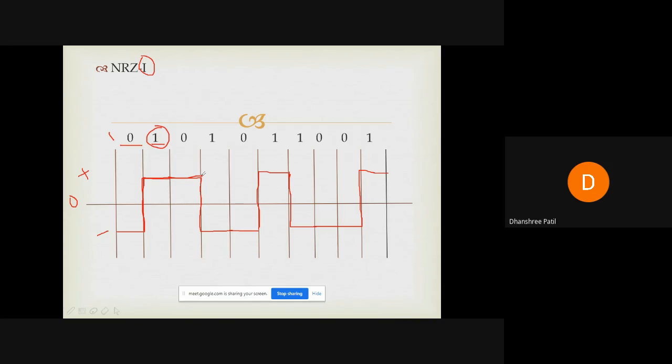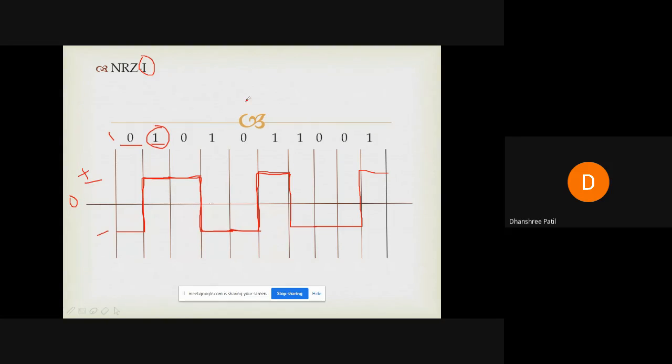Again the next bit is 0, so obviously there will not be any signal, no transition. Again 1, and now I'm at the positive side, so I'll go to the opposite side, invert, and mark the signal for the 1. Again 0, so there will not be any transition. Then 1, as I'm at the negative side, I'll go back to the positive, then 1 again.